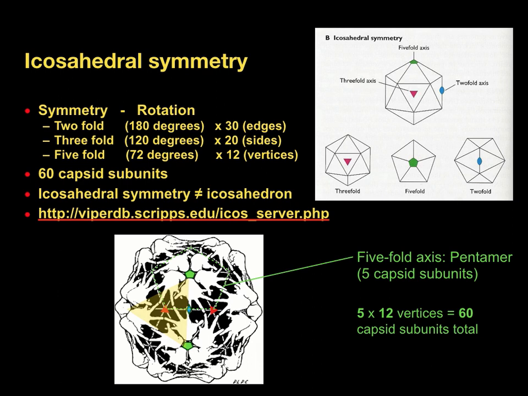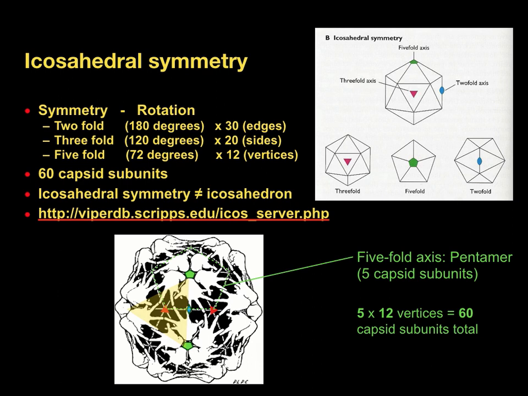Then this is the side of the icosahedron, and here we would have the threefold axes of symmetry, and here the twofold axes of symmetry. What we can see here is that each of these subunits is interacting with the rest of them in the same manner. But the interactions are going to be different in each of those axes of symmetry.